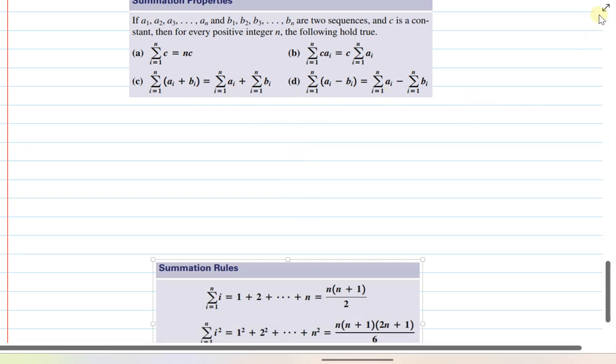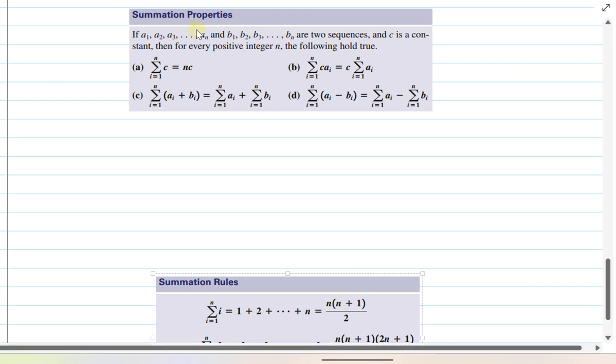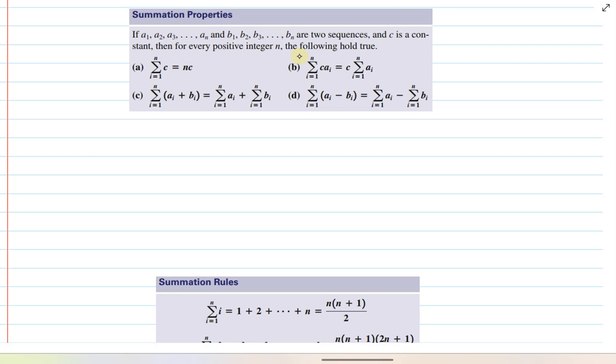So if we have a sequence A1, A2 through An, and a second sequence, B1, B2 through Bn. So we have 2 sequences. And this time the C that you see here, that one is a constant. C for constant.